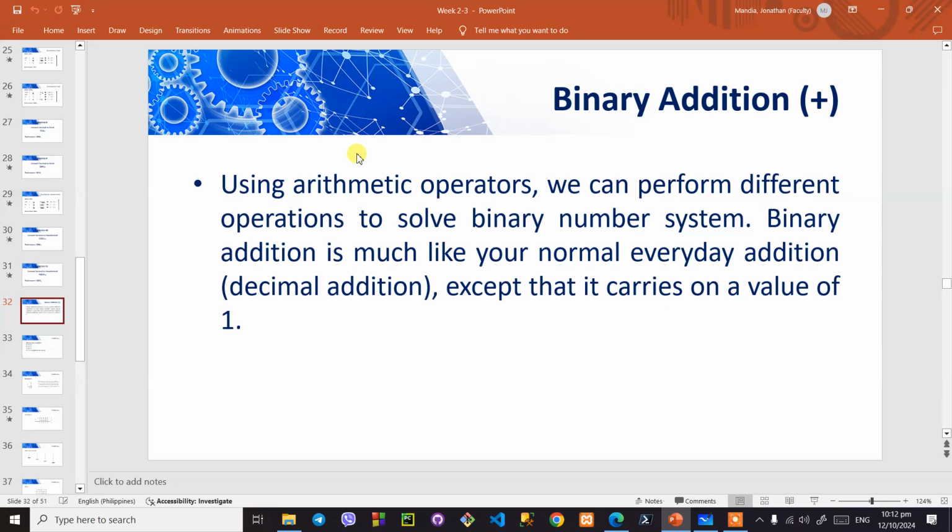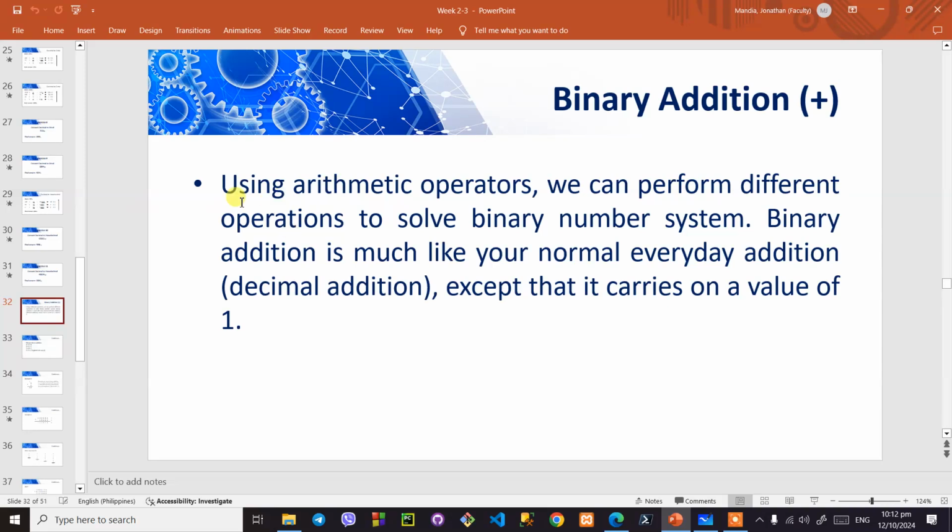As for the makeup of our missed class last Thursday, and also for those who want to review our binary addition, or binary arithmetic, composed of addition, subtraction, multiplication, and division.